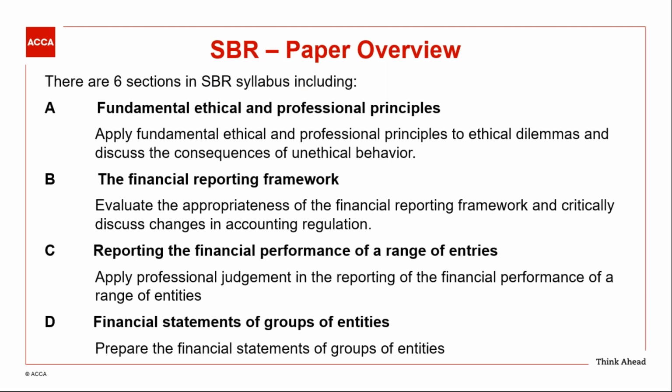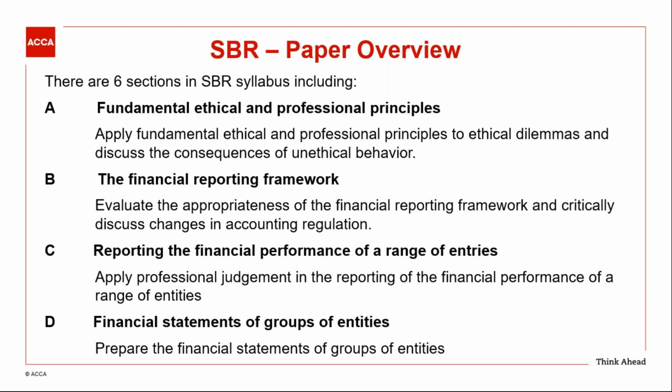There are basically 6 main sections in the SBR syllabus. Most of the time you might have gone through this whole area in your textbooks, and from the ACCA website you might find out how the course was designed. The first and most important area is fundamental ethics and professional principles.